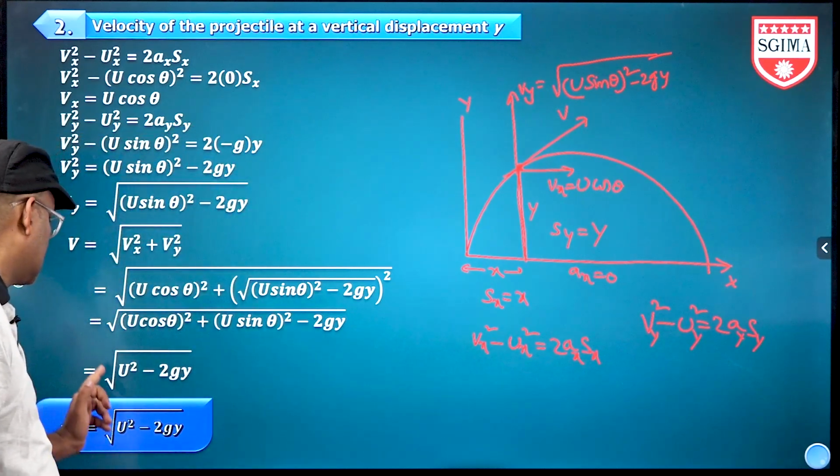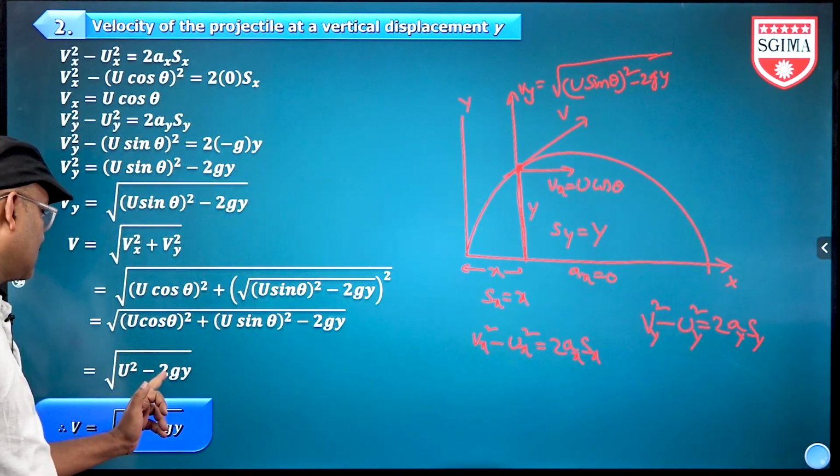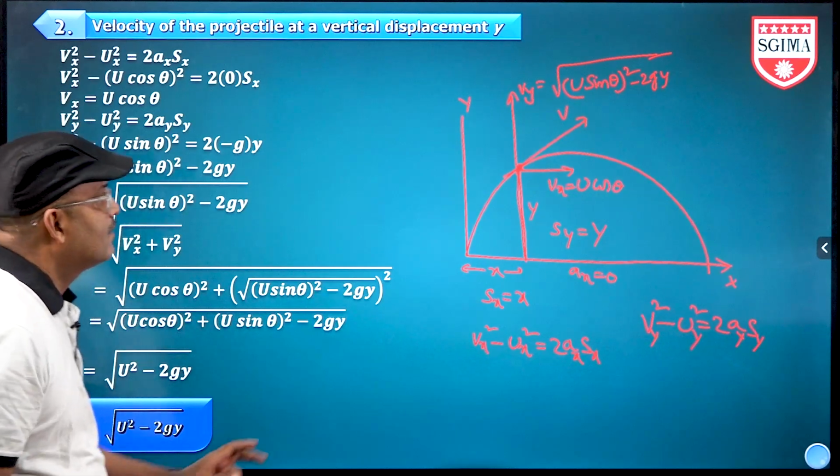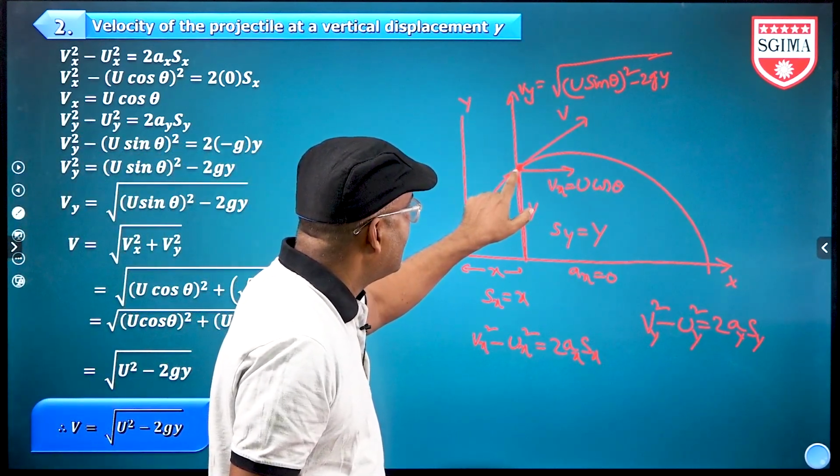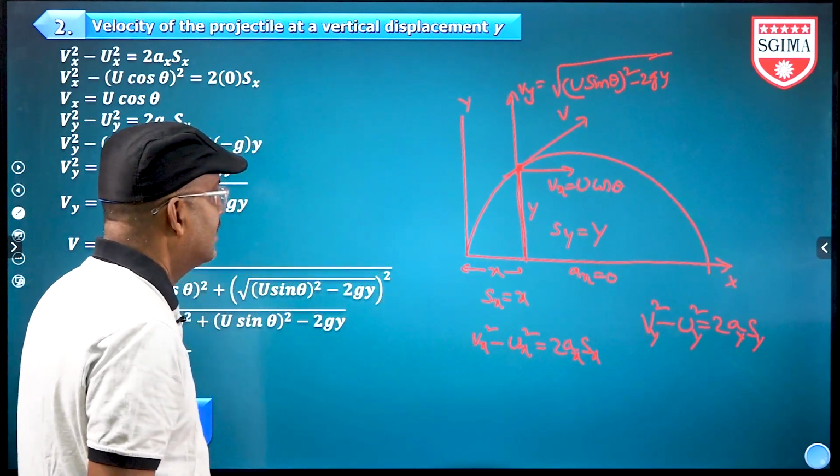Simplified, V is root of u square minus 2gy. That is the velocity. Velocity at any vertical displacement y can be calculated.